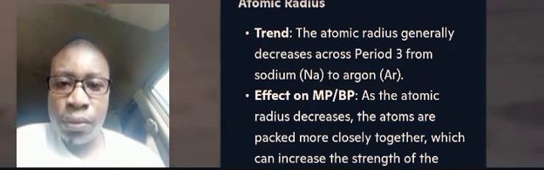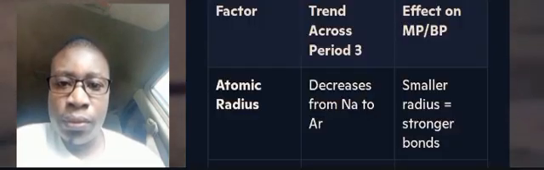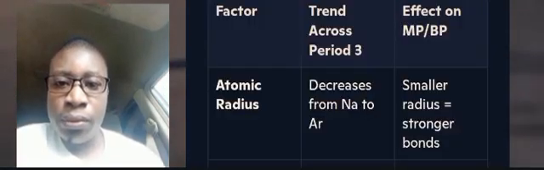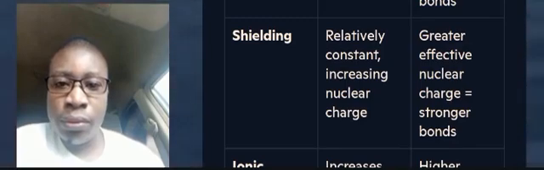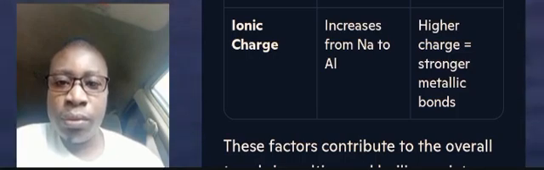1. Intermolecular forces. The stronger these forces, like hydrogen bonds, dipole-dipole interactions, or London dispersion forces, the higher the melting and boiling points. 2. Molecular size. Larger molecules have more electrons, leading to stronger London dispersion forces, which increases these points. 3. Shape.